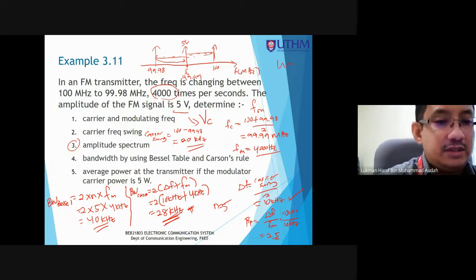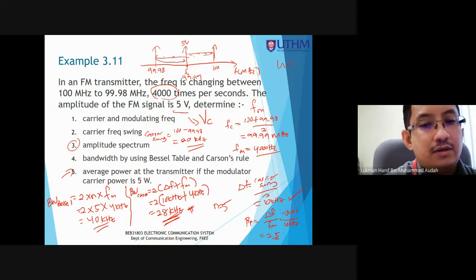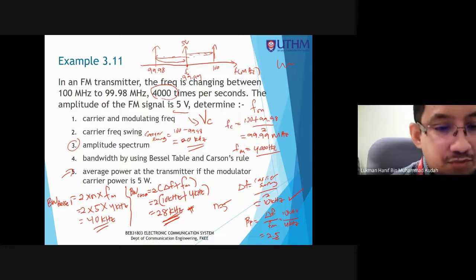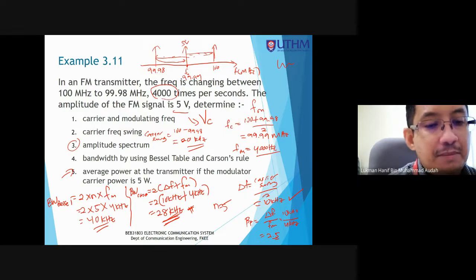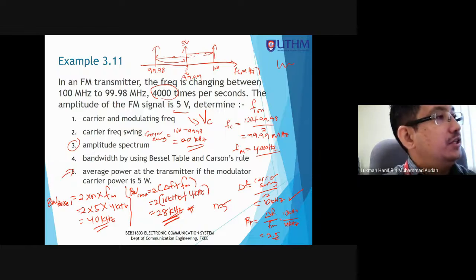So settle, and then the last question asks average power at the transmitter if the modulated carrier power is 5 watt. What does it mean?